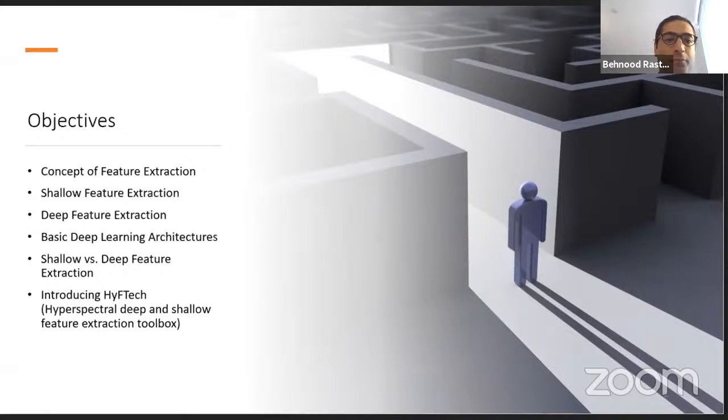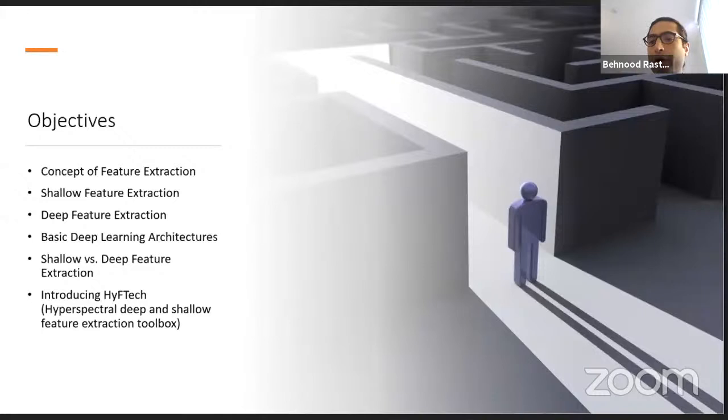We start with the concept of feature extraction, briefly go through some shallow feature extraction techniques, and then discuss deep feature extraction and study basic deep learning architectures.